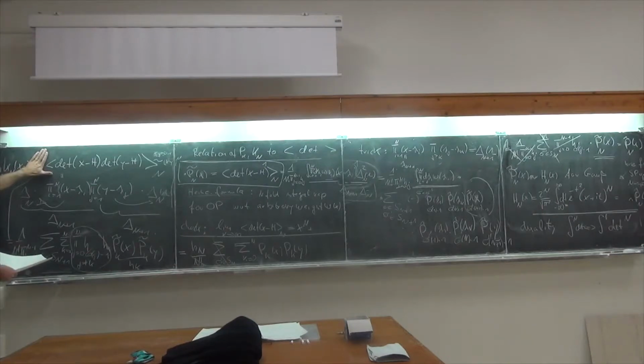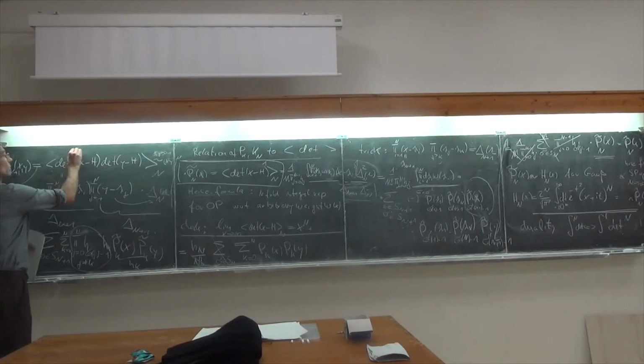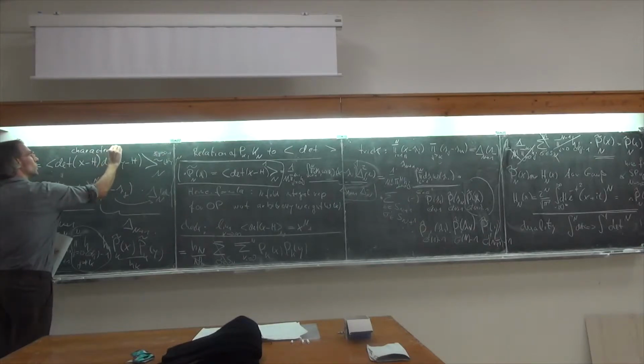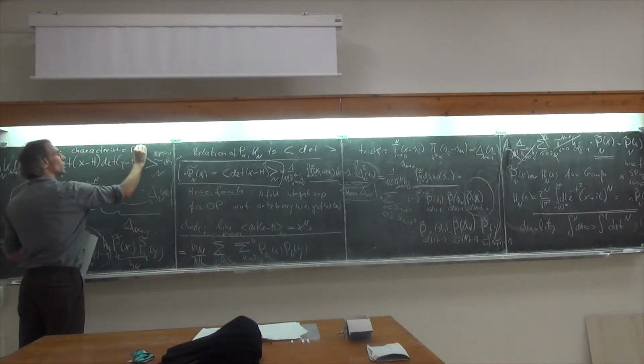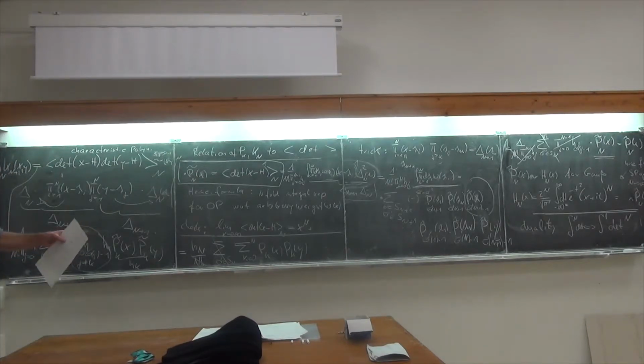Now the thing is, and I will not write down the statement, the average of products of characteristic polynomials, they are also called characteristic polynomials. I should have said that. It's clear when you diagonalize a matrix, you look at the characteristic polynomial such as lambda minus H, and then you find the eigenvalues. So this is why these determinants carry this name.